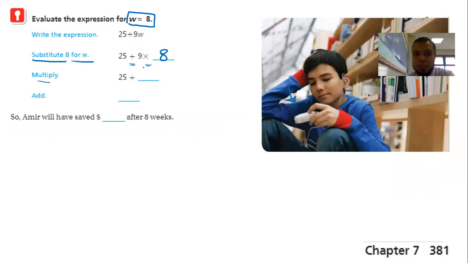So multiply. 9 multiplied by 8 equals, great, 72. The last step, add. 25 plus 72: 5 plus 2 equals 7, 2 plus 7 equals 9. So Amir will have saved $97 after 8 weeks. Do you understand? Okay.